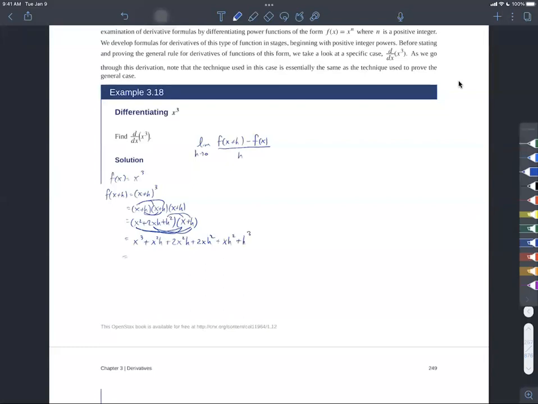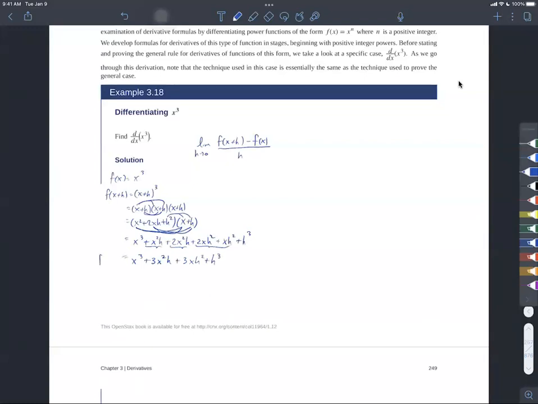And so this actually simplifies to, let's see here, we have an x squared h and a 2x squared h. And so that would be x cubed plus 3x squared h plus, and then xh squared plus 2xh squared is 3xh squared plus h cubed.